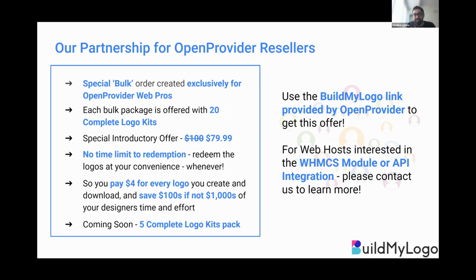It's available for $79.99, which means that it's $4 for every logo. If you were to buy one logo independently, that would work out to about $39.99. There's absolutely no time limit to redemption, so you can redeem your logos at your convenience whenever required.